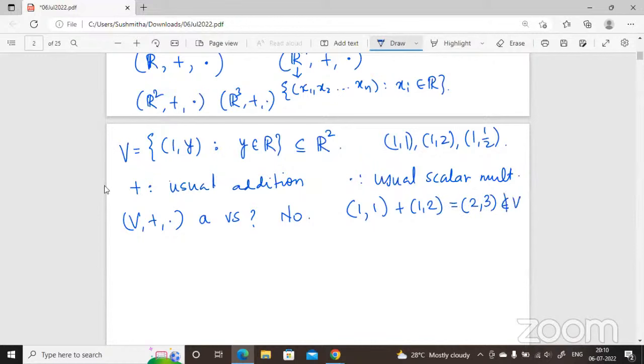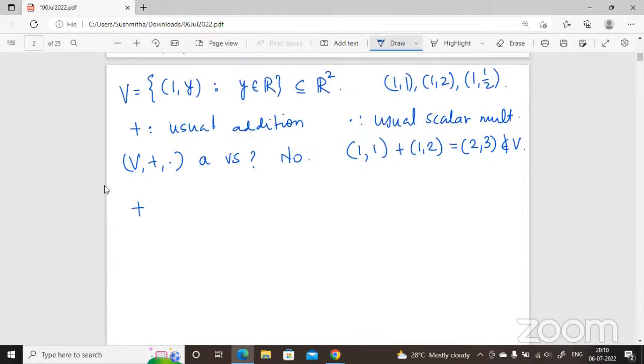This does not belong to V. So the addition is not closed. Even scalar multiplication is not closed, but we are just interested in one of the properties being violated. This is not a vector space.